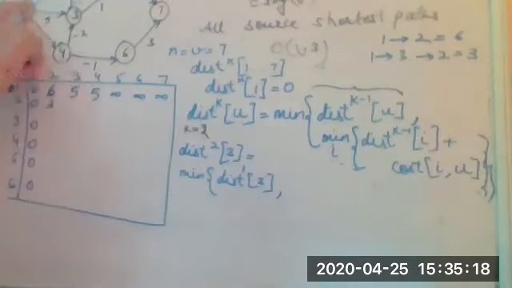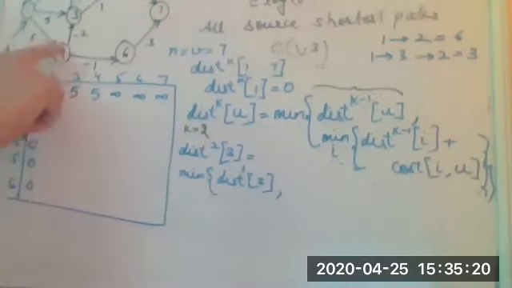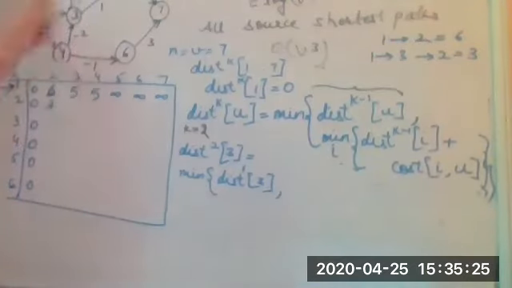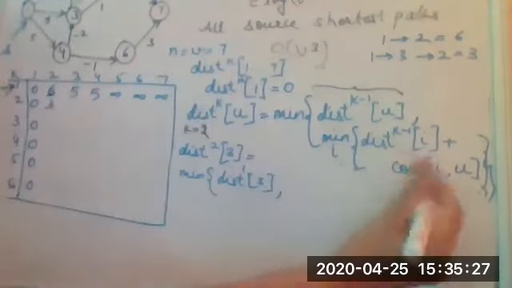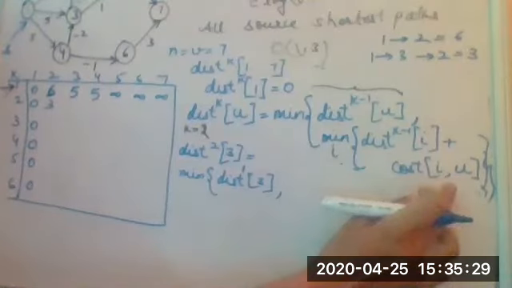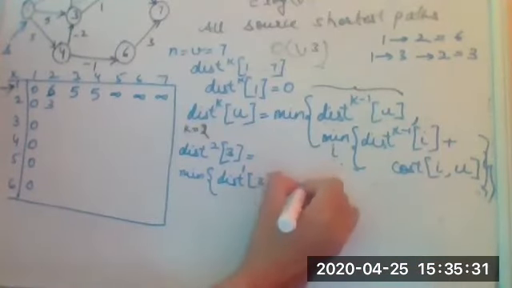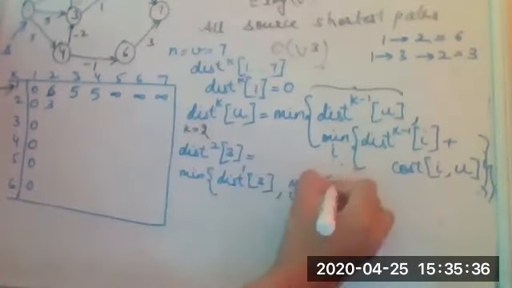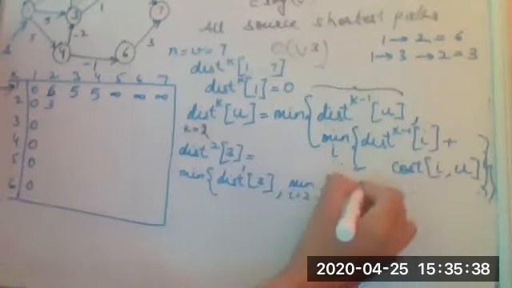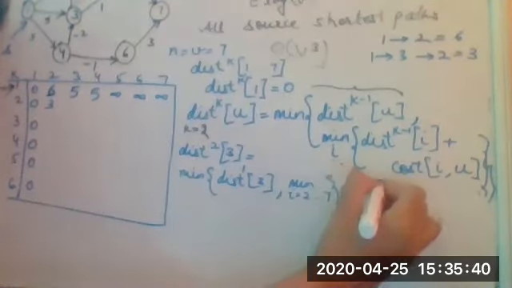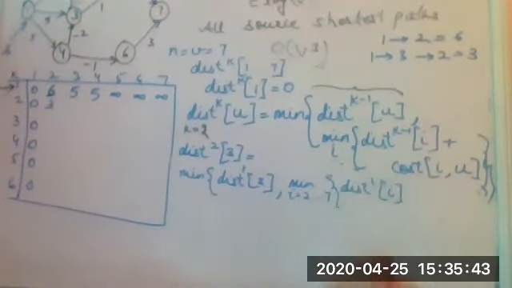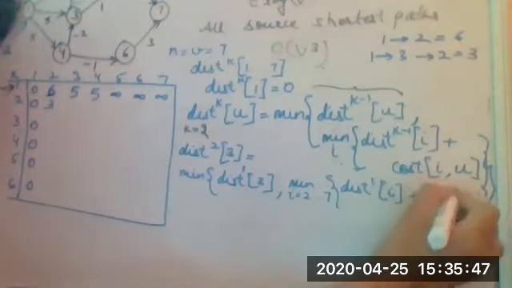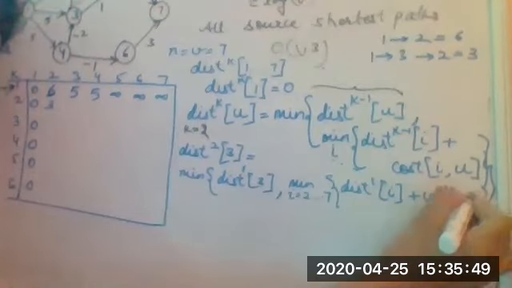Can I reach 3 from 2, from 4, from 5, from 6 and from 7? That is what the second term denotes. So this value will be the minimum over I equal to 2 to 7 of the distance of that ith vertex in the previous case plus cost of I to 3.